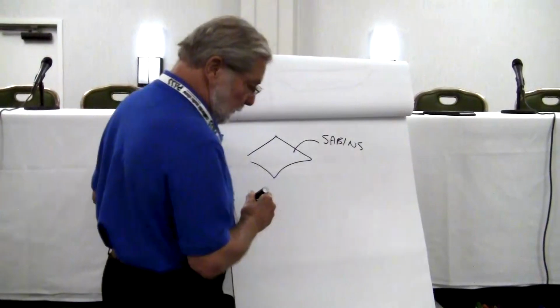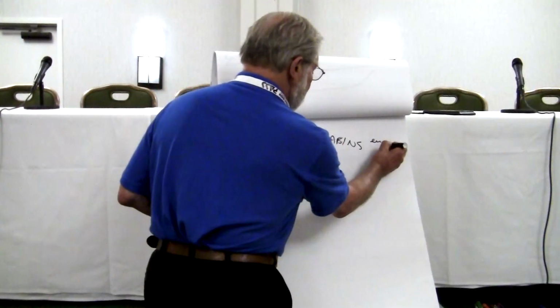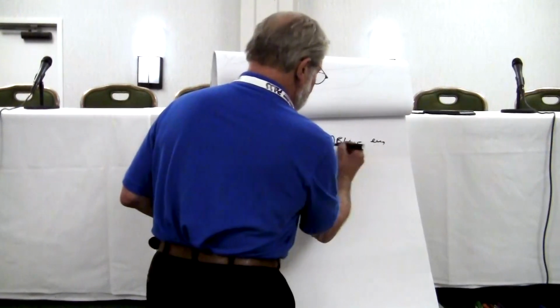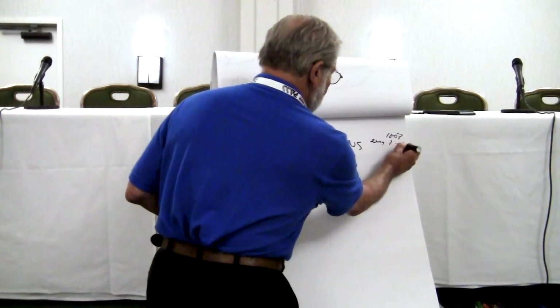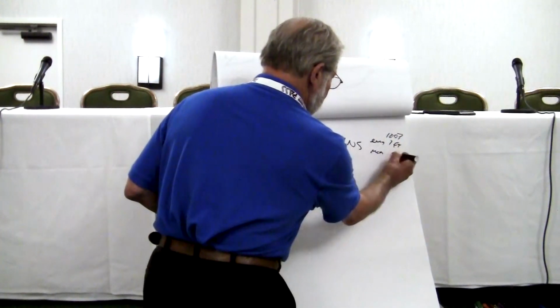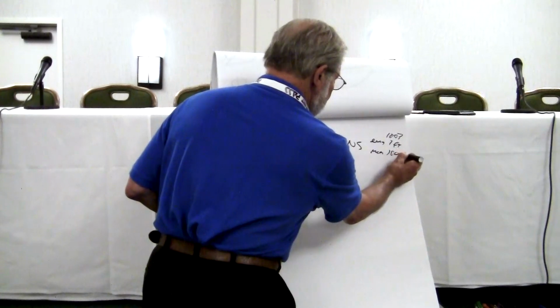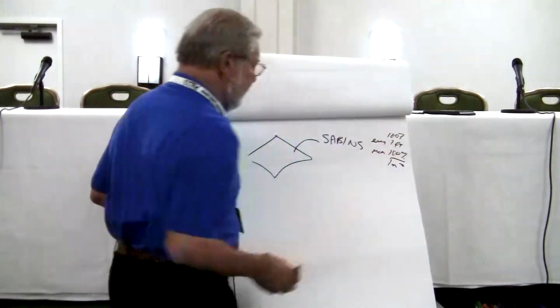There's metric, there's English, and an English Sabin is 100% absorbing 1 square foot. And in metric, a metric Sabin is 100% absorbing 1 square meter.